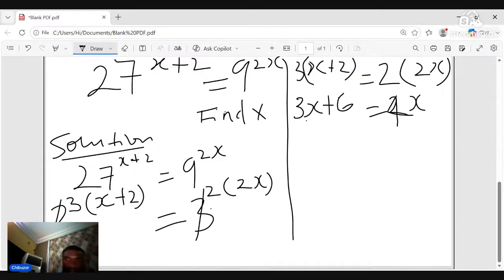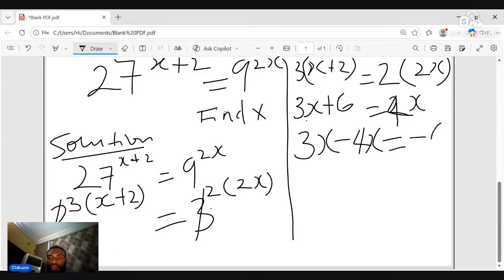Now we go on to collect like terms, right? 4x will cross over here and become minus 4x. 6 will cross over here and become minus 6.